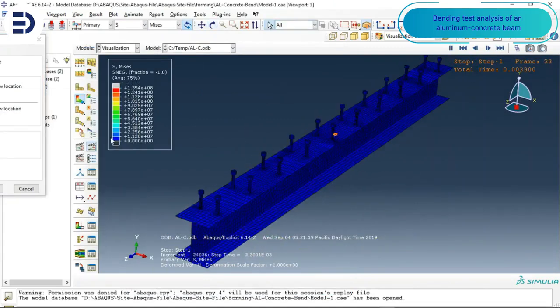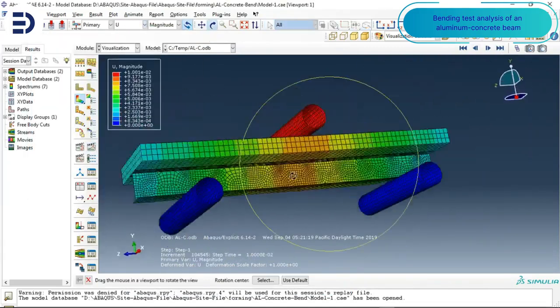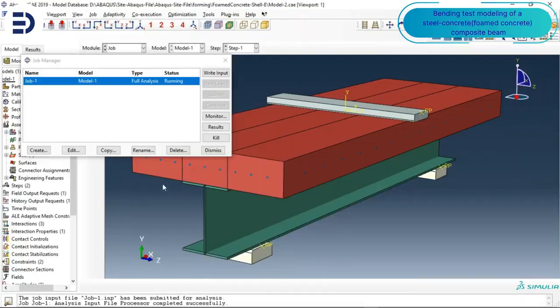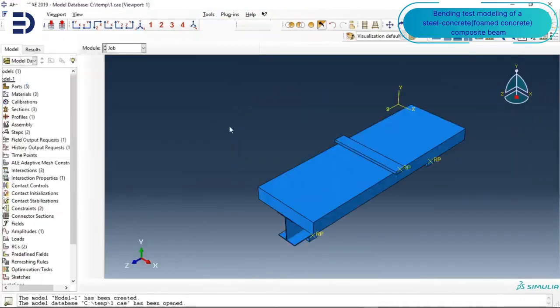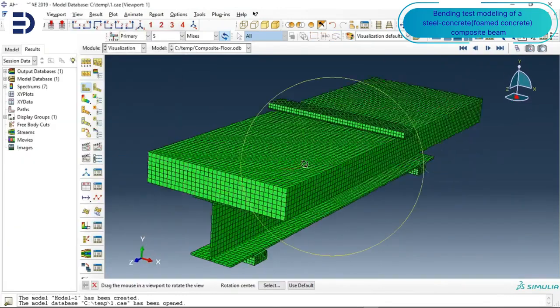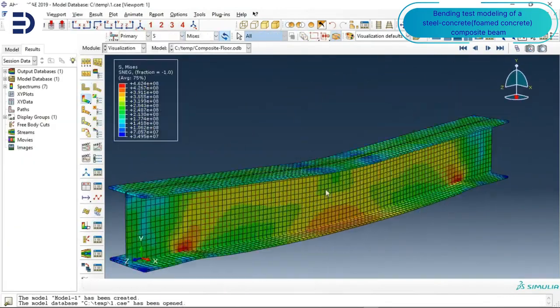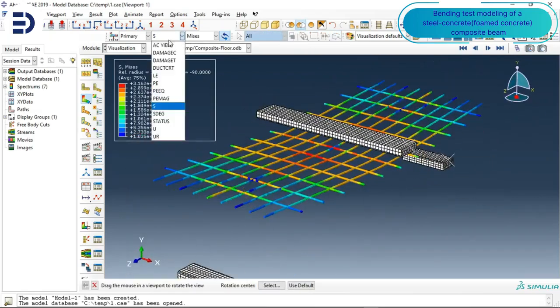The course covers various concrete slab types like simple slabs, RC slabs, FRP reinforced slabs, composite slabs, foam reinforced slabs, UHPC slab, UHPFRC reinforced slabs, as well as advanced material models such as CDP and JH2.